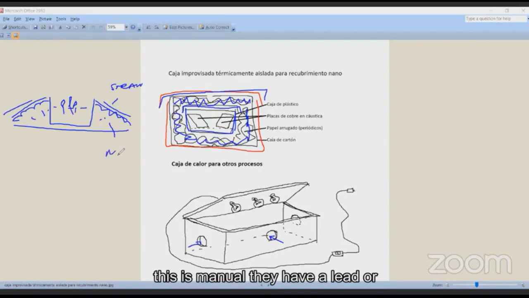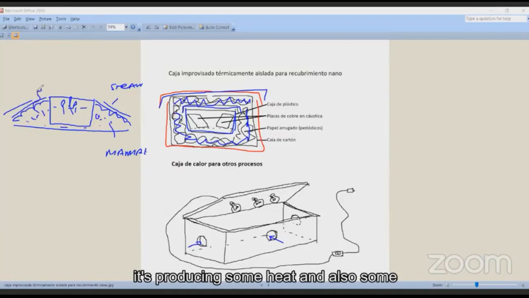They have a lid or something like soil. And this manure is going to make a biodegradation by fermentation by some microbes, and it is producing some heat and also some smell sometimes, and you don't want that smell.